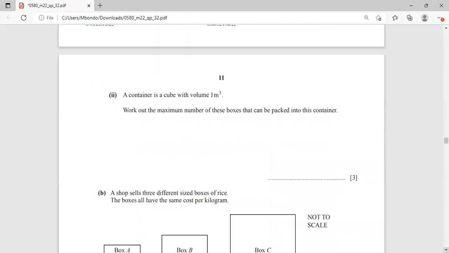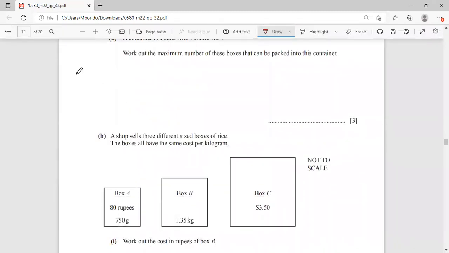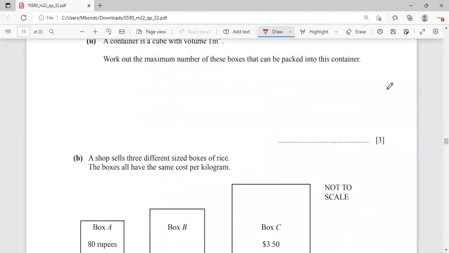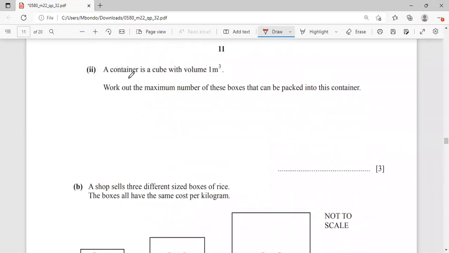Coming to the next question here. Next question is, a container is a cube with volume 1 meter cubed. Work out the maximum number of these boxes that can be packed into this container. Those boxes, the one whose net we have just drawn.